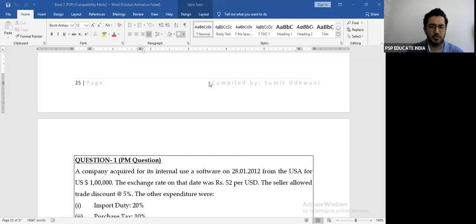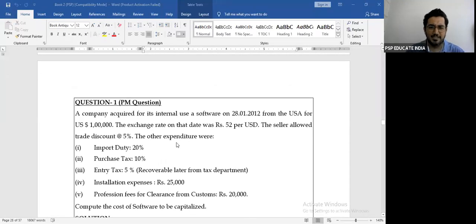Let's understand this question. It says a company acquired for its internal use a software on 28/1/2012 from US for 1 lakh US dollars. The exchange price on that date was 52 rupees per dollar. The seller allowed a trade discount of 5%.